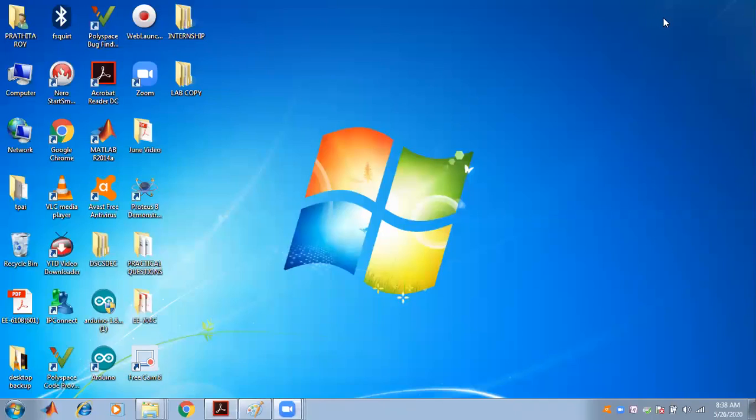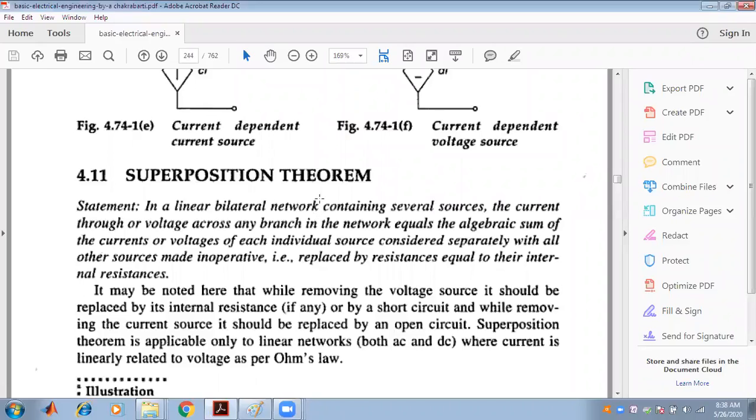The superposition theorem states that in a linear bilateral network containing several sources, the current through or voltage across any branch in the network equals the algebraic sum of all the currents or voltages of each individual source considered separately, with all other sources made inoperative, that is, replaced by resistance equal to their internal resistance.